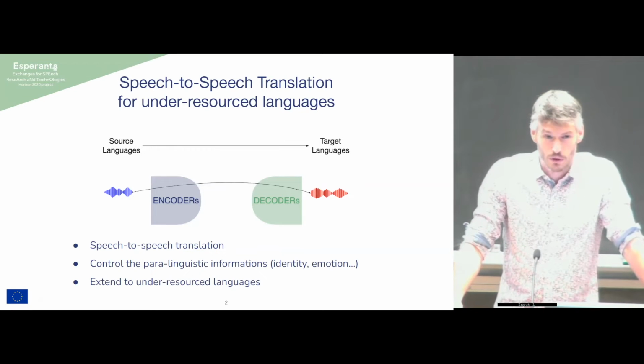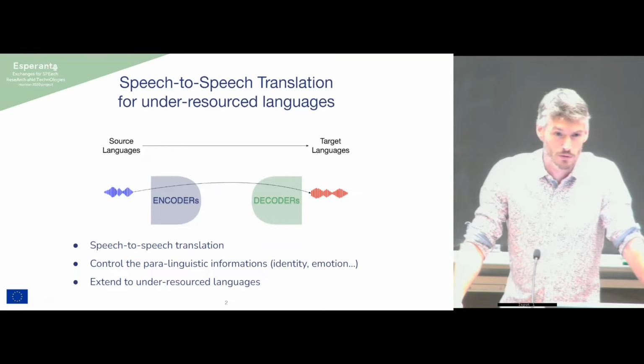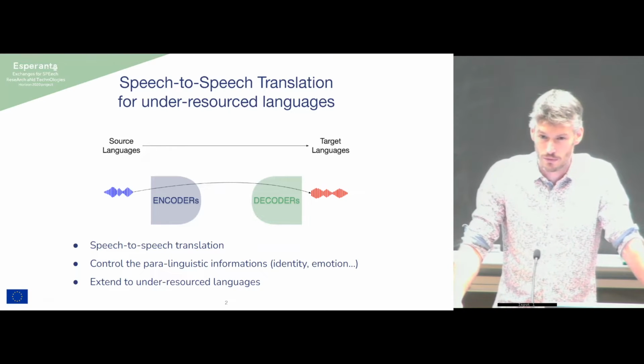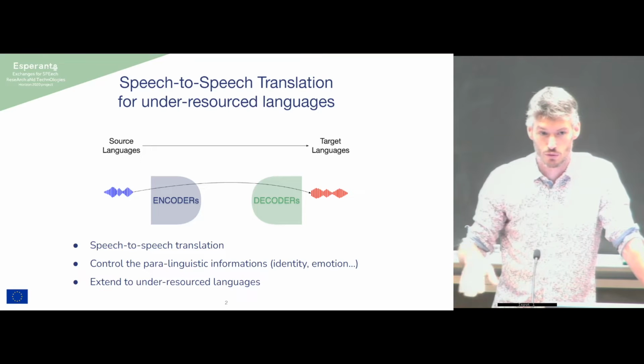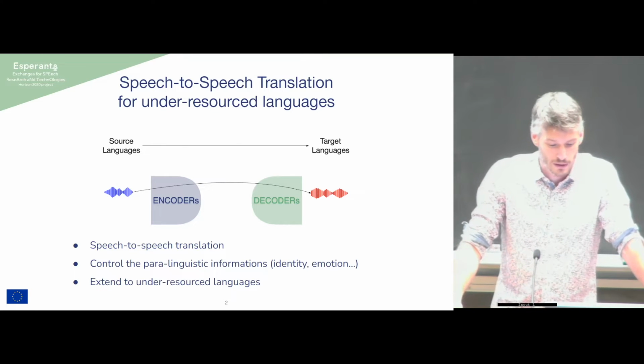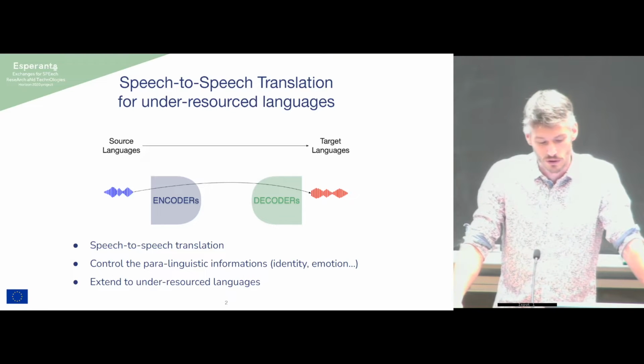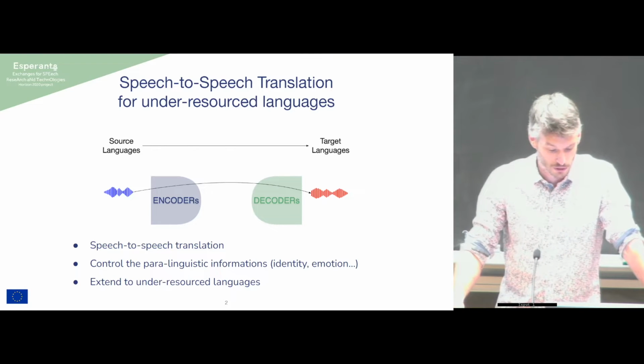But what we were interested in this workshop is also to try to keep some paralinguistic information. For instance, that the system can produce voice with your identity or with your emotions while translating. And also one strong point was we wanted to enable this technology for under-resourced languages, or at least to work in this direction.